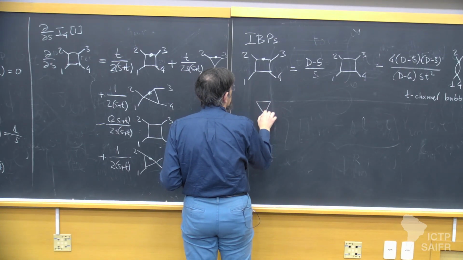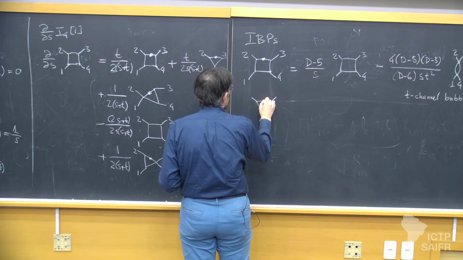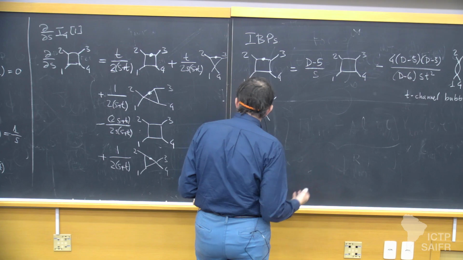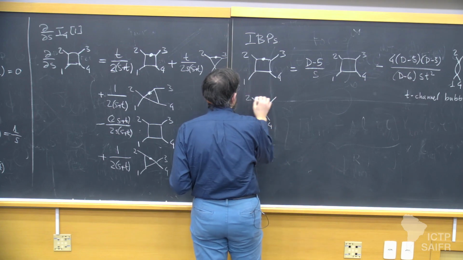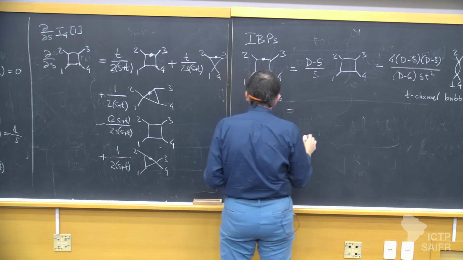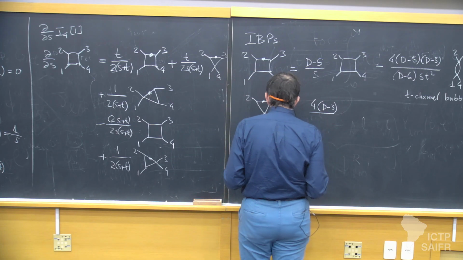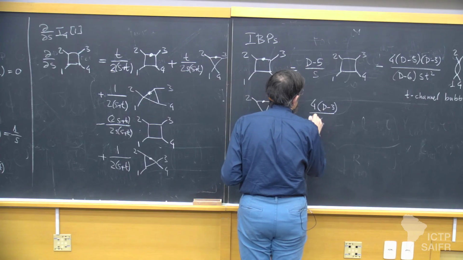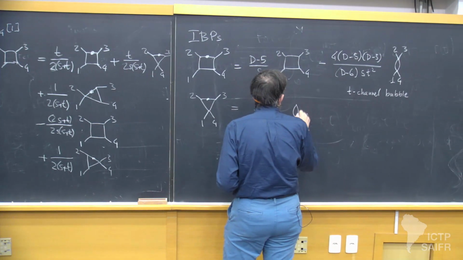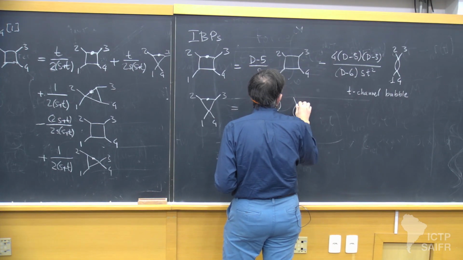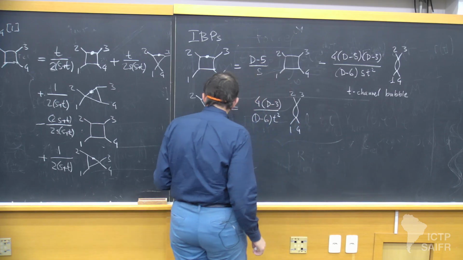And some of the triangles, no great surprise, because if you actually do the one-mass triangles, they pretty much are just going to be a power of the invariant, so that's already obviously proportional to a bubble, so this one is in fact just going to be a bubble, and you could actually work out this coefficient without resort to IBPs. And again, another t-channel bubble.